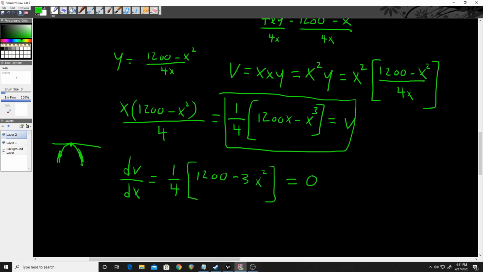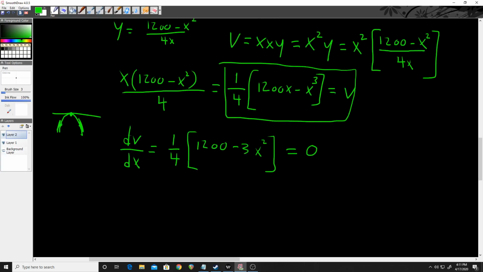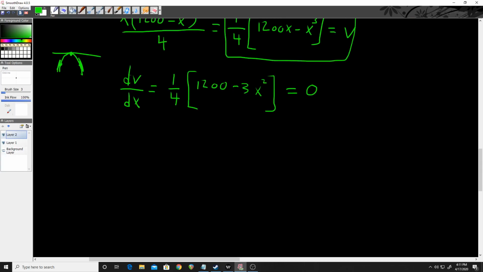I want to set that equal to 0. This is a polynomial, so there's no chance for it to be undefined. Polynomials are continuous on all real numbers. I can multiply both sides by 4 and get 1200 minus 3x squared equals 0, which is the same thing as 1200 equals 3x squared.